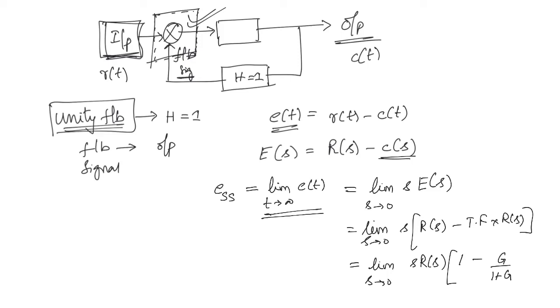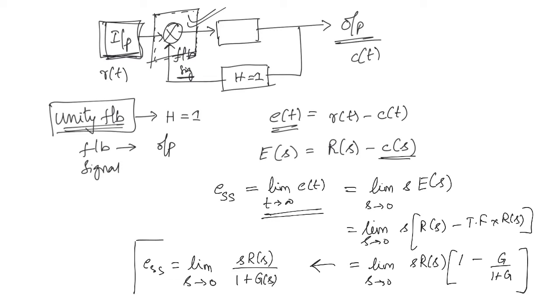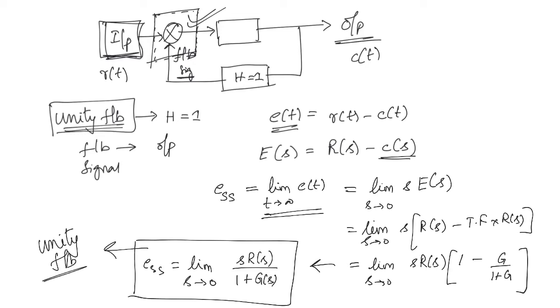But H is 1, so it will simply be G by 1 plus G. If you simplify, then you will get ESS equal to limit s tends to 0 of s R of s by 1 plus G of s. This is the expression for the steady state error for a unity feedback system. So remember this point.